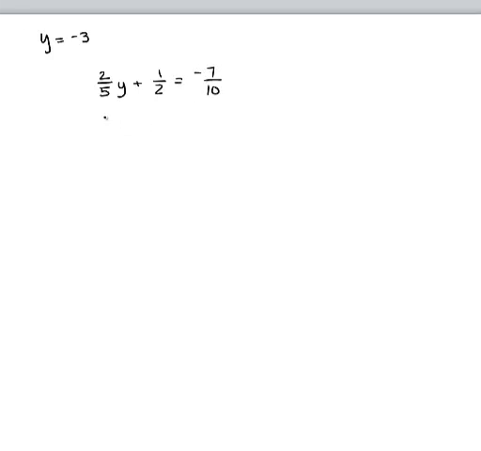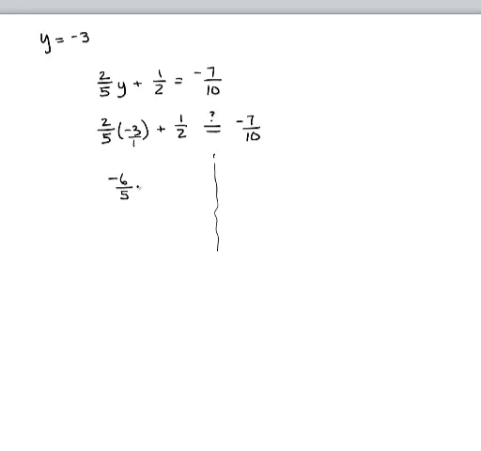Let's check to see if this works. If we have 2/5 times negative 3 plus 1/2, and I always put a little equal sign with a question mark over it because I'm not sure yet, I'm testing it, right? So I'm going to stay on one side of that equal sign and see if I come up with negative 7 tenths. Negative 3 is like negative 3 over 1, so I have negative 6 over 5 plus 1/2.